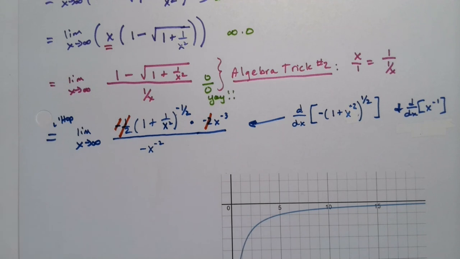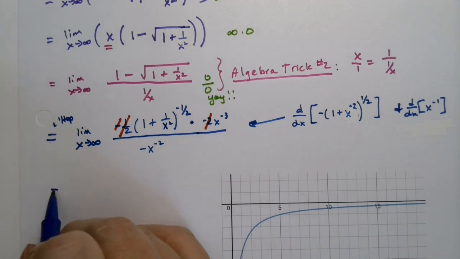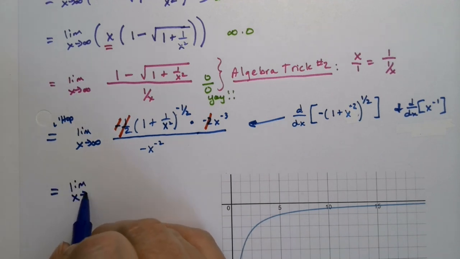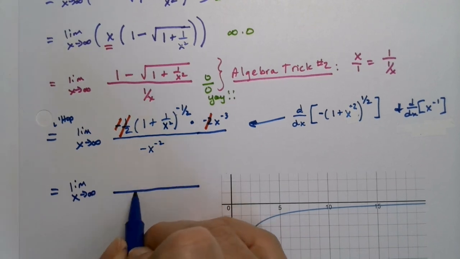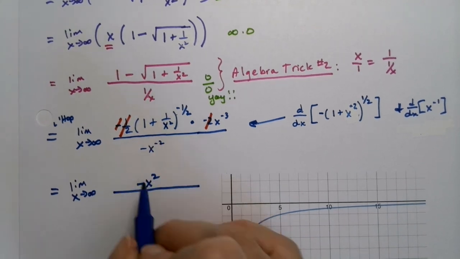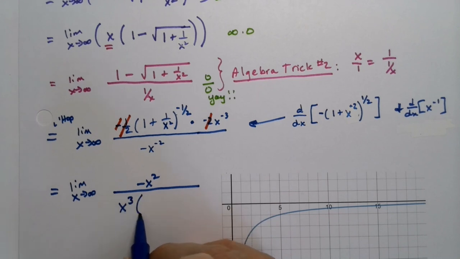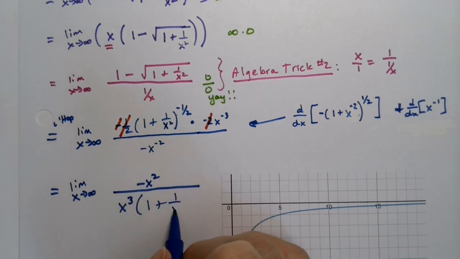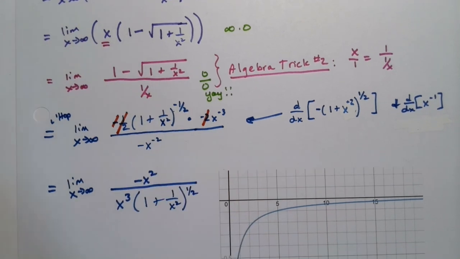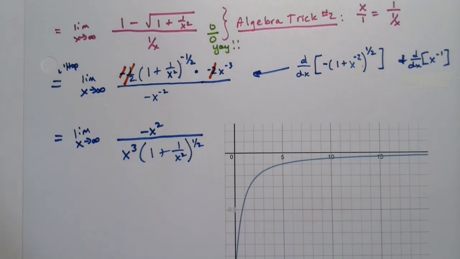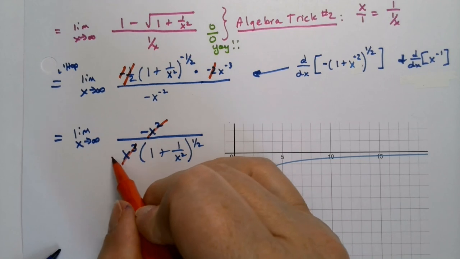So that would make it equal to the limit as x goes to infinity of negative x squared. See, that one comes up. X cubed goes down. 1 plus 1 over x squared to the 1/2 goes down. Well, squared and cubed, that's going to go and leave me just an x down here.